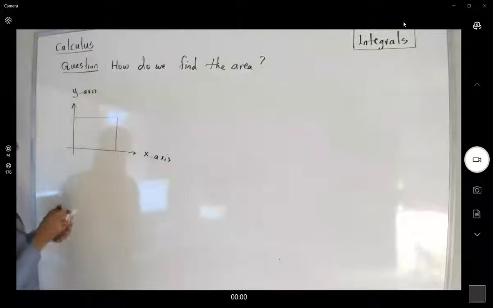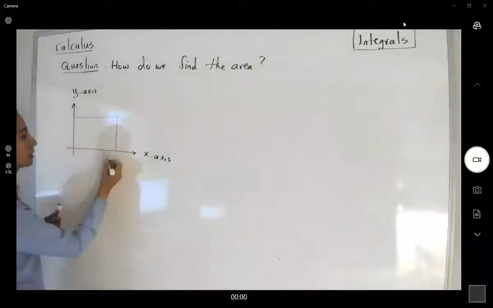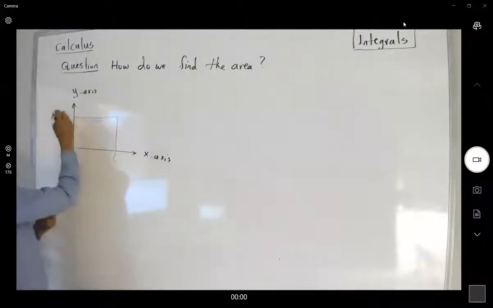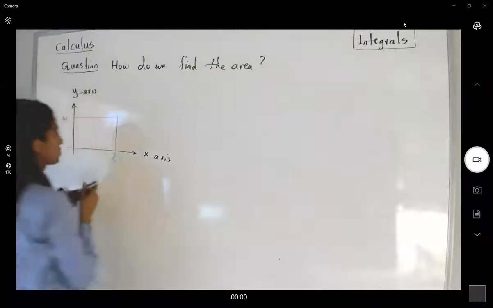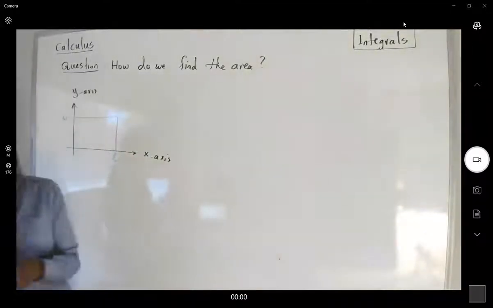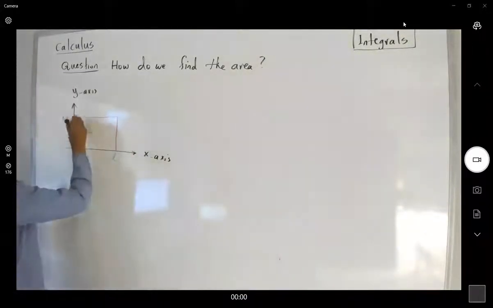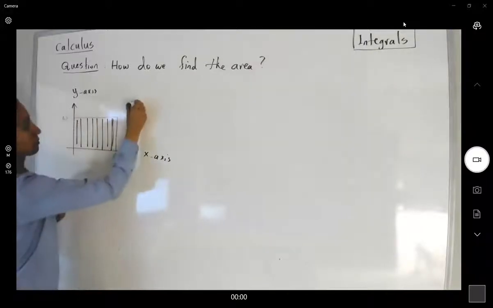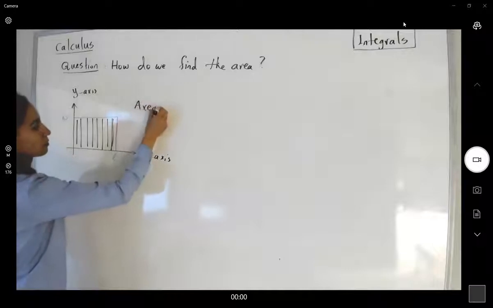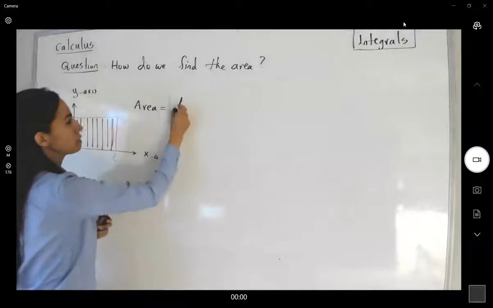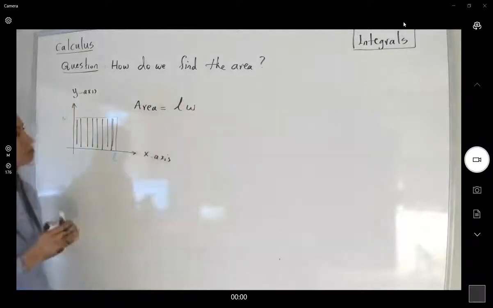There you go. So suppose the measurement here is L. The measurement here is W. So you say that, hey, the area of this object is equal to this measurement times this measurement, and here I have my formula.